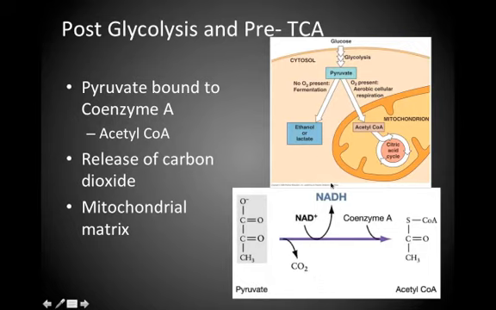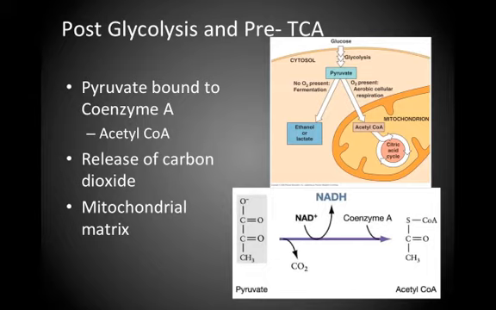This energy is being used to reduce NAD+ to NADH, and in the presence of coenzyme A, this molecule is going to go into the TCA cycle, also called the citric acid cycle. It's called the TCA cycle because it's the tricarboxylic acid cycle. It's also called the Krebs cycle by the guy who named it.